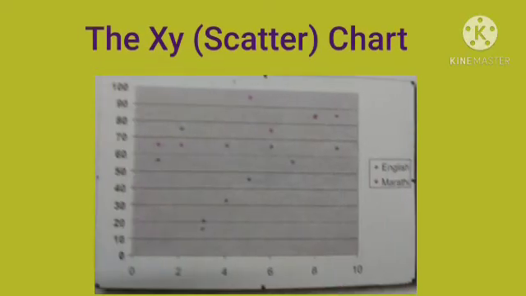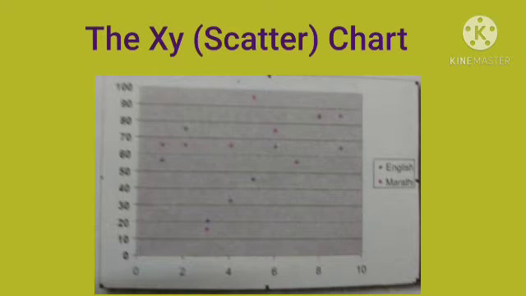The XY scatter chart. Scatter charts are typically used for showing and comparing numeric values like scientific, statistical, and engineering data. It combines X and Y values into single data points and shows them in irregular intervals or clusters.